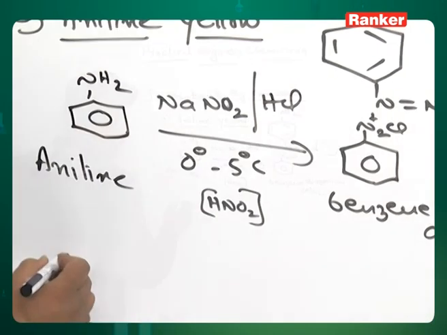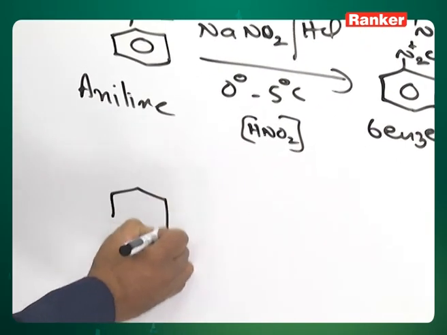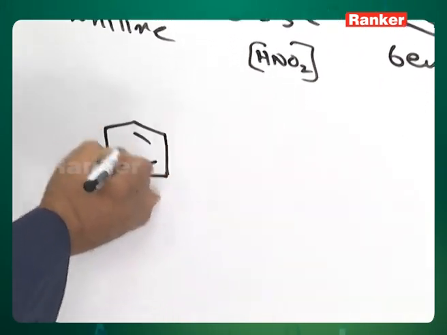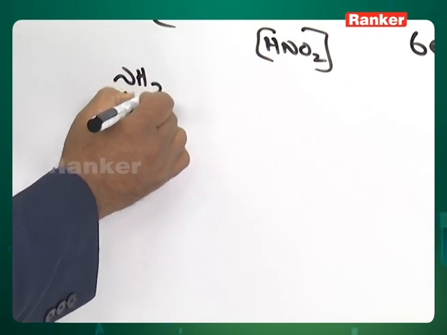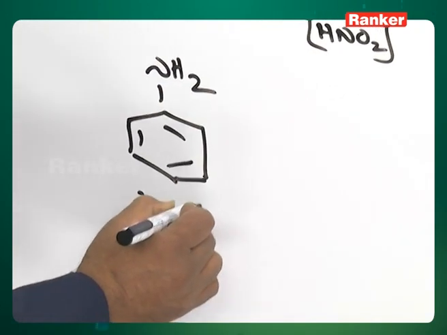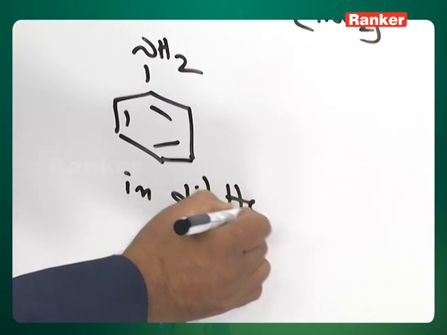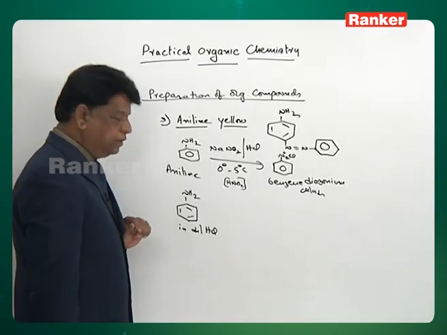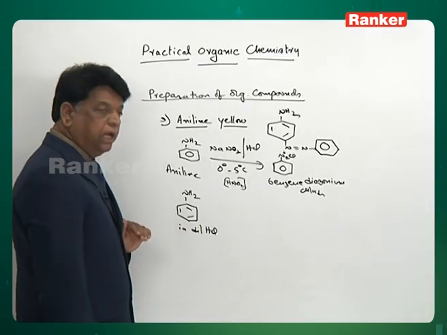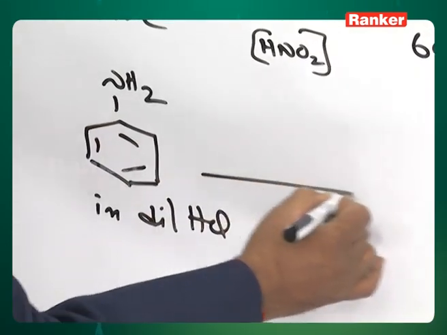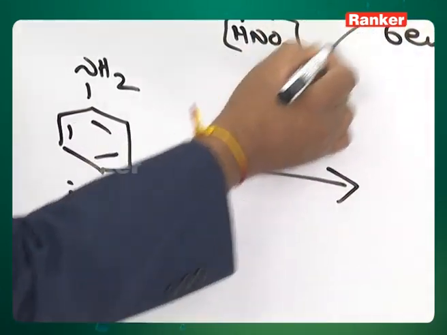You take that compound and add it to aniline, but take the aniline and dissolve it in dilute HCl. HCl is an acid, so it is soluble. So, aniline is dissolved in dilute HCl, then this diazonium chloride is added.